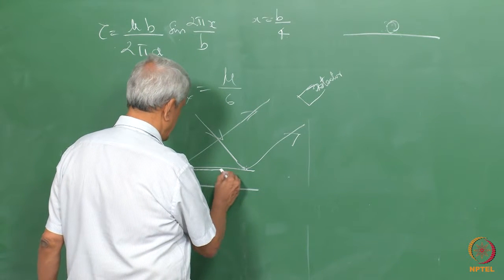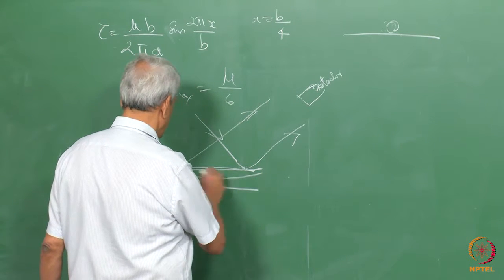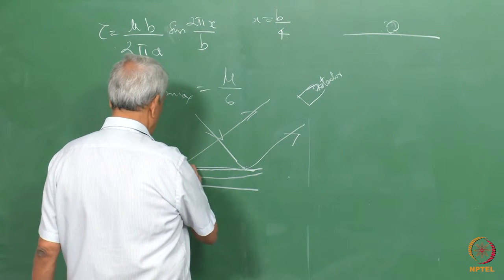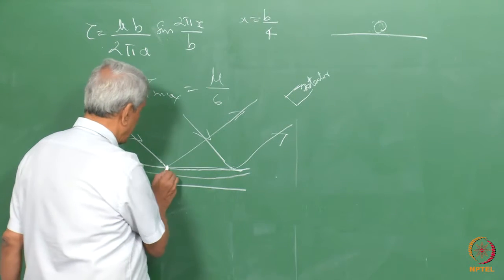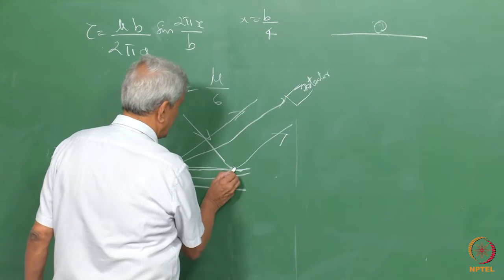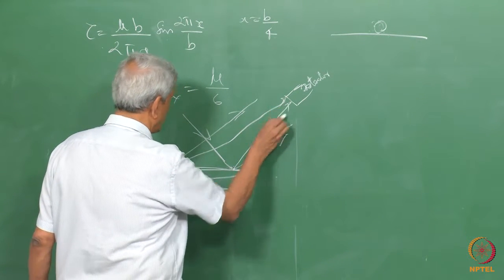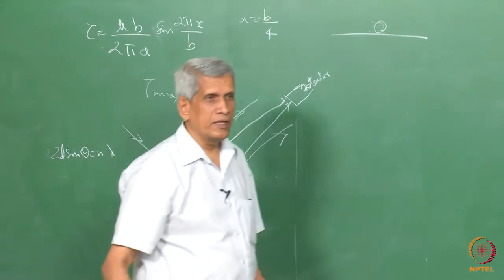If there is internal bending, then a ray from here will also satisfy the Bragg angle and will be reaching.